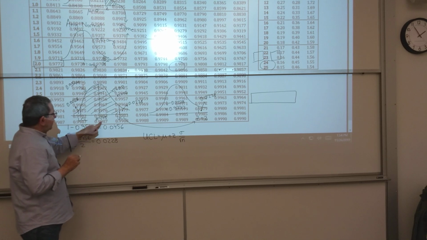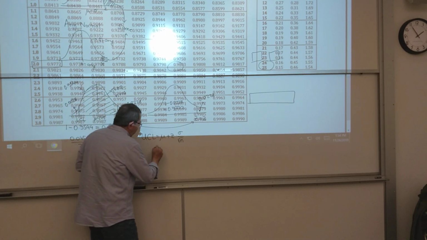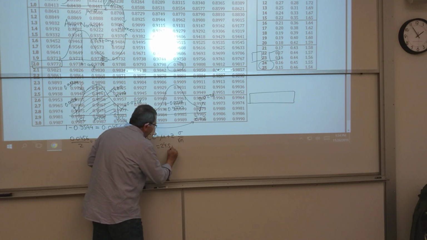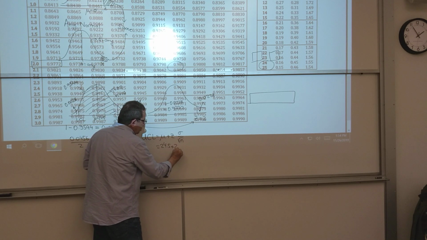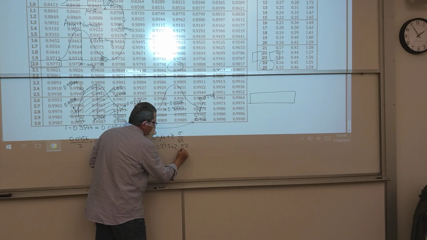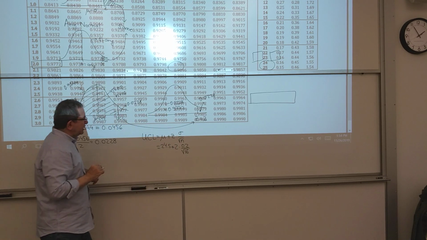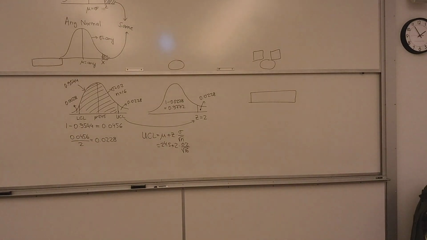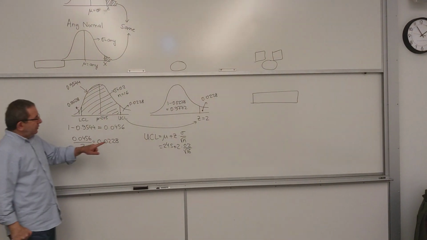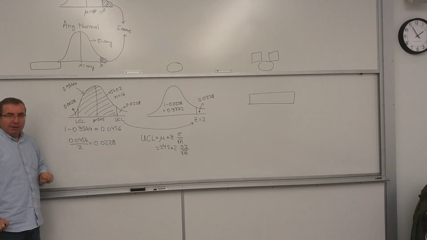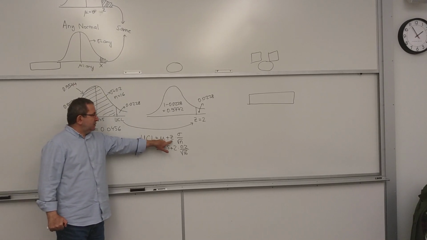So mu is 24.5 plus z is 2, sigma is 0.2, square root of n is 16. So mu is 24.5, z is 2.